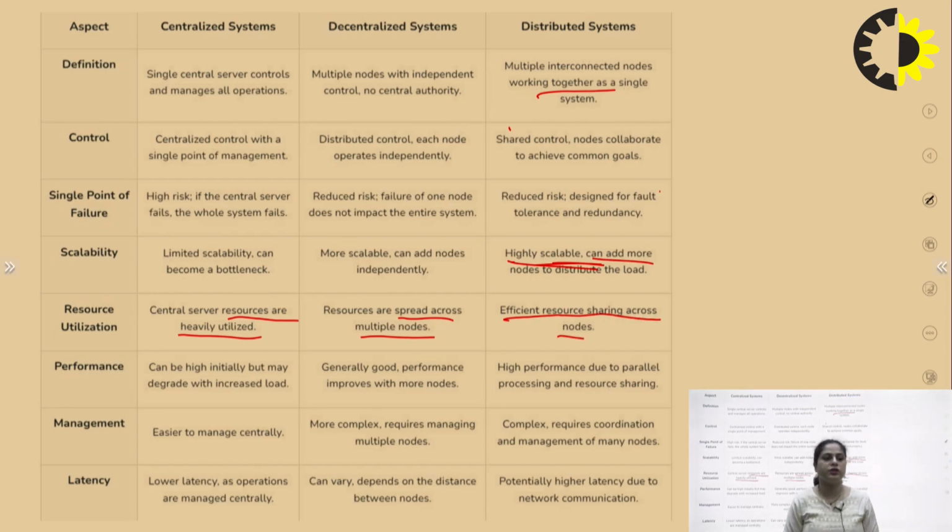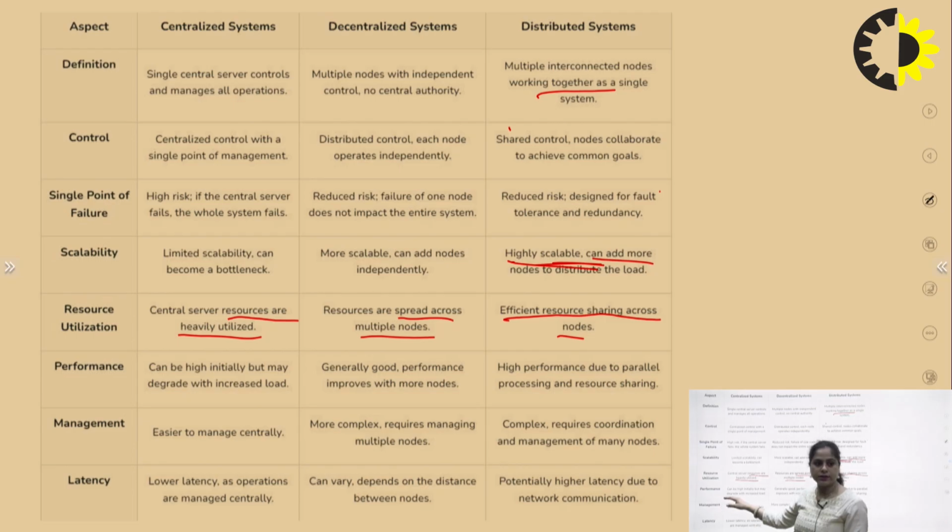In the aspect of performance, in centralized systems, it can be high initially but may degrade with increasing load. If the load increases, the performance degrades.